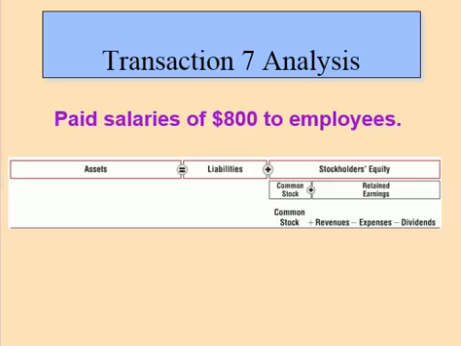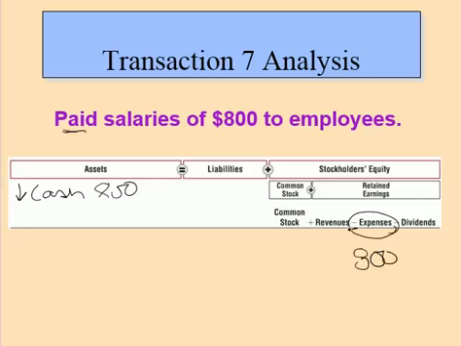This time we're paying salaries of $800 to employees. So anytime we pay, we know our cash is going to go down. Cash is an asset, something we own, $800. Now, our expenses are actually going to go up for $800, our salaries expense.